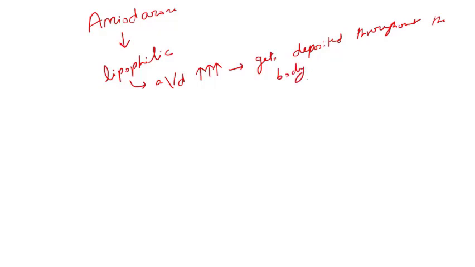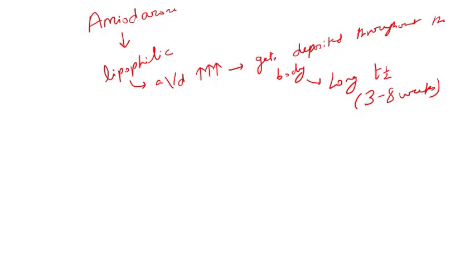So it has a long half-life, that is 3 to 8 weeks. So the half-life of amiodarone is 3 to 8 weeks.